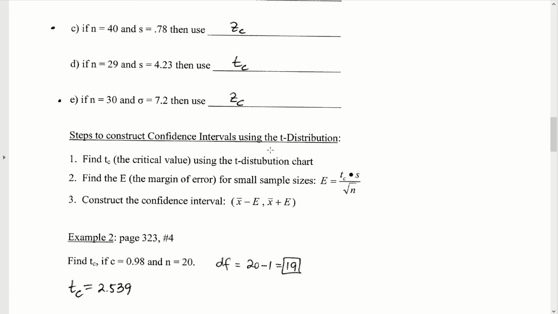And then the confidence interval is going to be of the form x bar minus E to x bar plus E, where in this case, the margin of error will be computed as TC times S divided by the square root of n. In the previous section, 6.1, the formula for E was ZC times sigma divided by the square root of n. Here, if we're using a t-score, the t-score will replace the z-score in the formula, and oftentimes we'll have S as a stand-in for sigma.